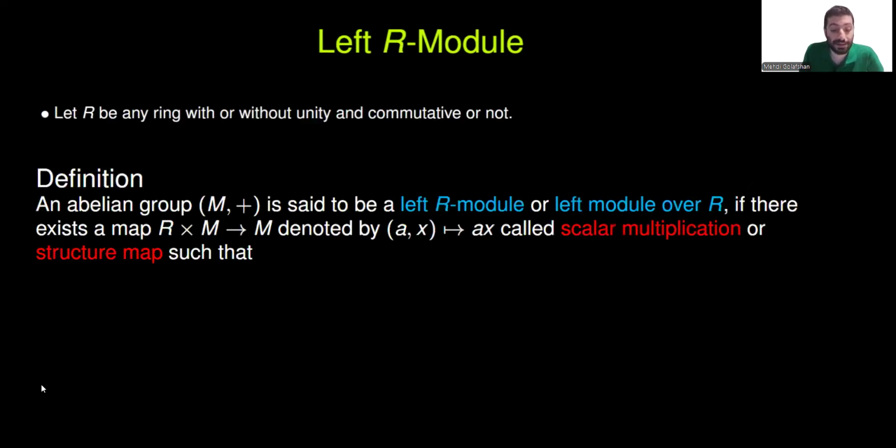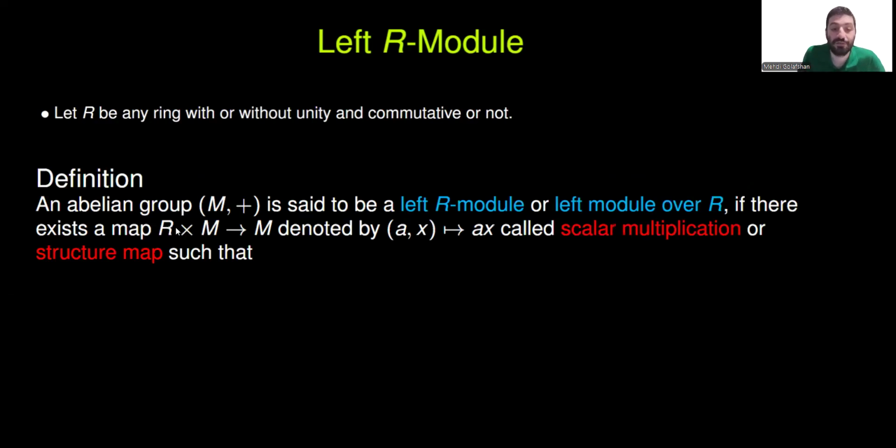The definition: an abelian group M with addition is said to be a left R module, or a left module over R, if there exists a map from R times M to M, which we denote by this notation.